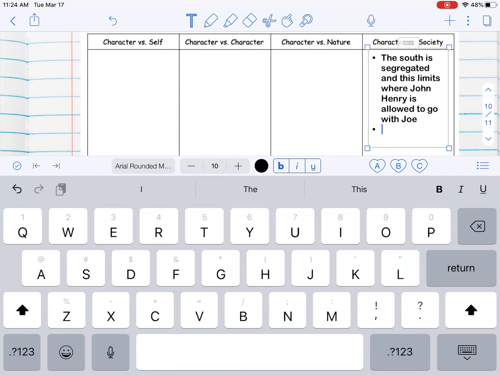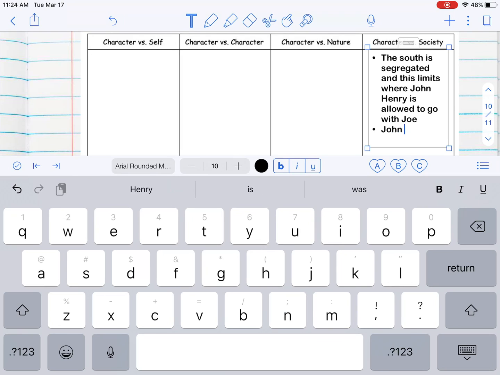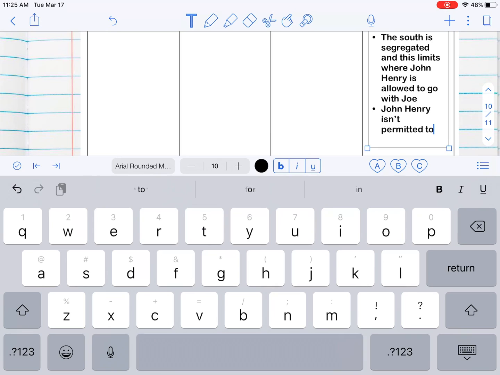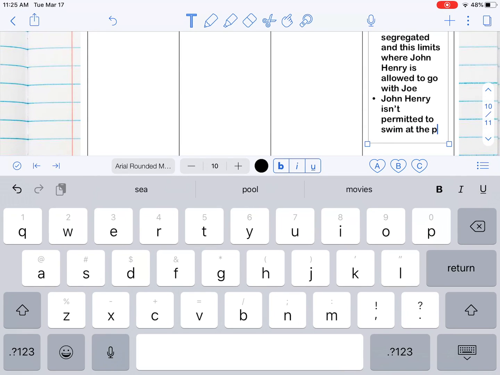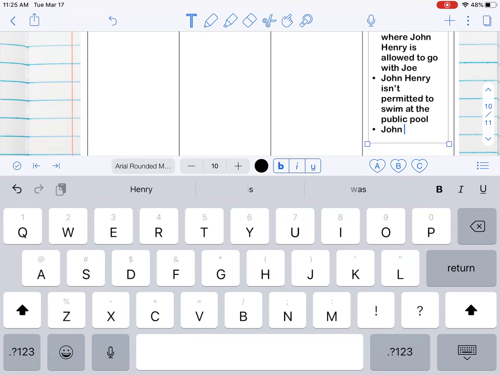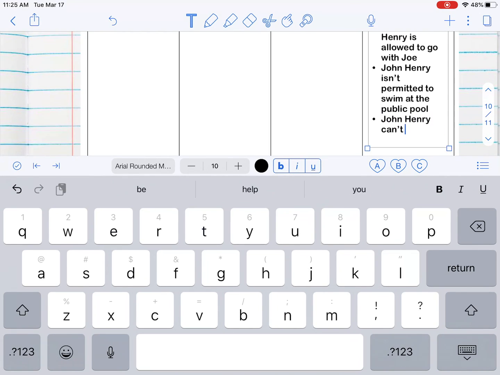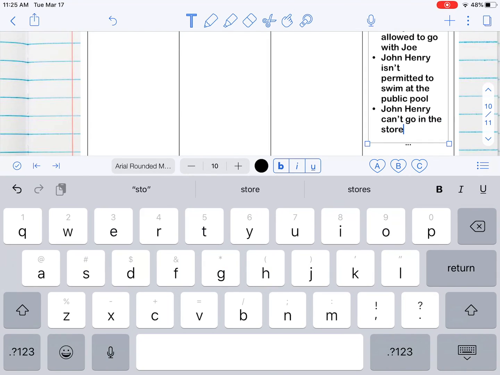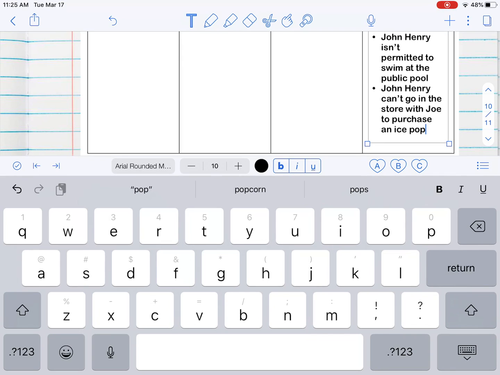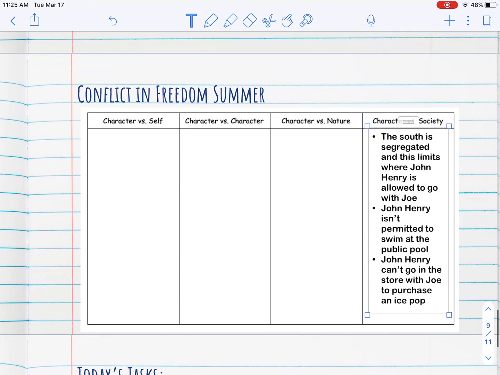And we can even get more specific, like John Henry isn't permitted to swim at the public pool. John Henry can't go in the store with Joe to purchase an ice pop. And this is all at the beginning of the book, right? Because conflicts and struggles happen throughout the story.